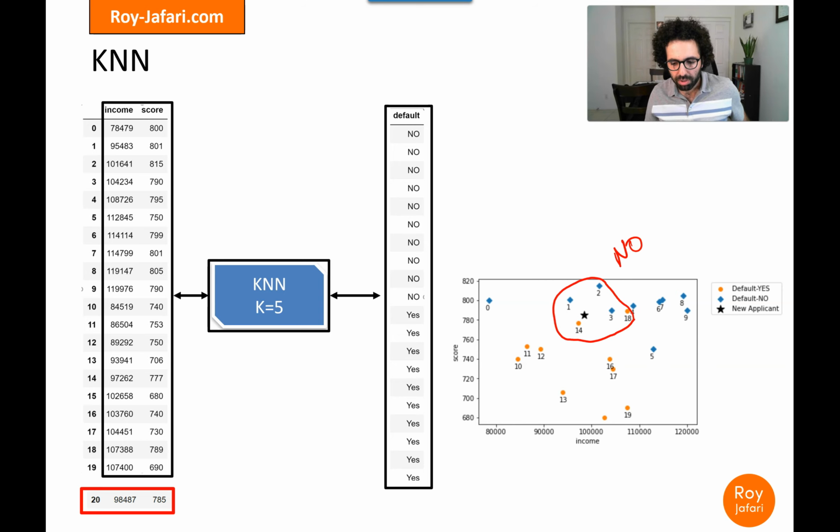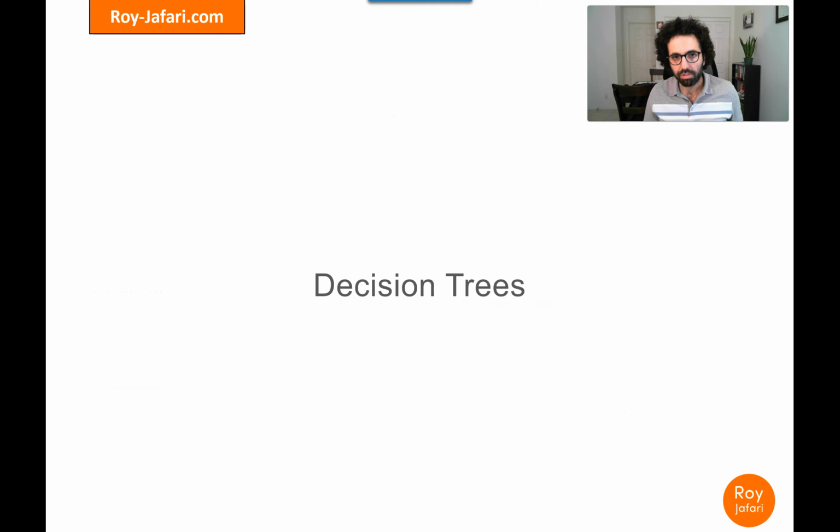Alright, let's move on to the last part of this video, decision trees. Decision trees are another algorithm that can handle classification. Decision trees can also handle prediction, but here we're going to learn how they can help us with classification.